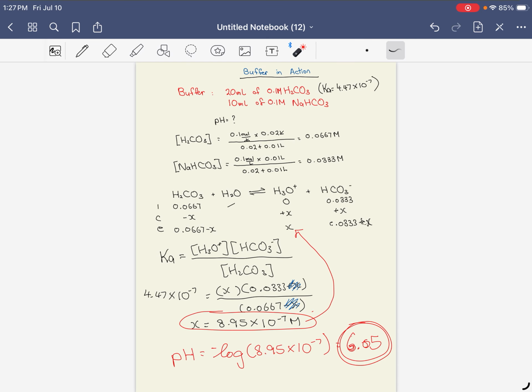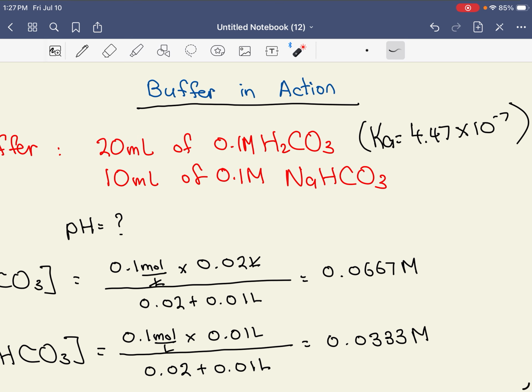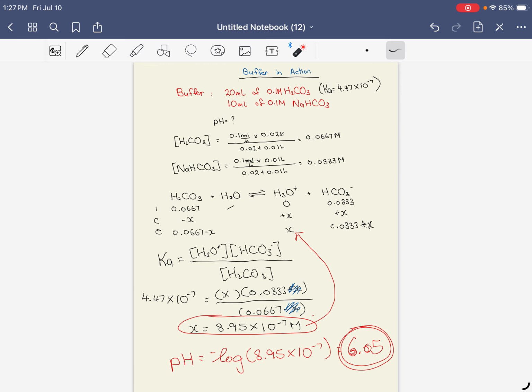It's slightly acidic. That's not surprising, because if you look at how we made it, the concentration of the weak acid and its conjugate base is the same, but we have more of the weak acid, so of course the pH is slightly acidic. All acidic buffers have pH less than 7.